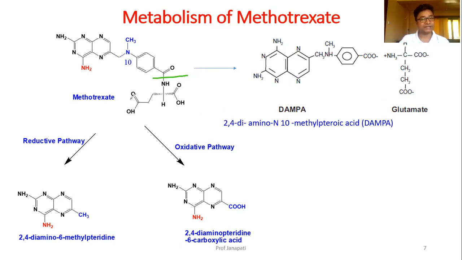And here you can see there is breakage between this carbon and nitrogen, which results in a carboxylic group here, and here there is a methyl group. These are also active molecules during the process of metabolism. Let us see some more.